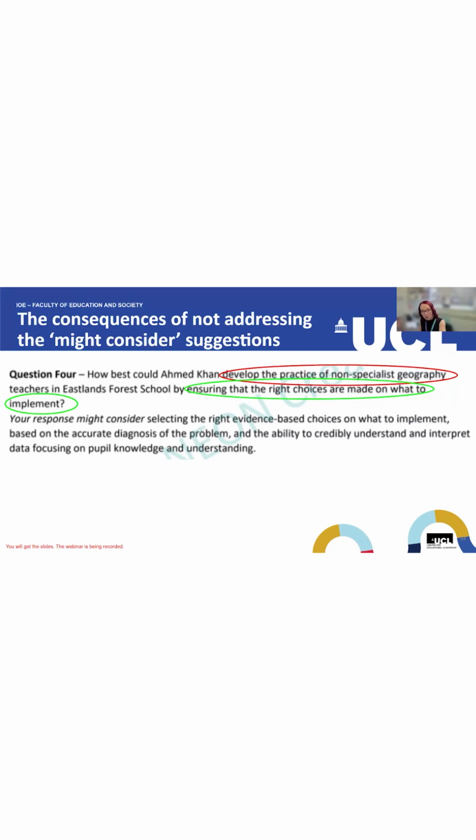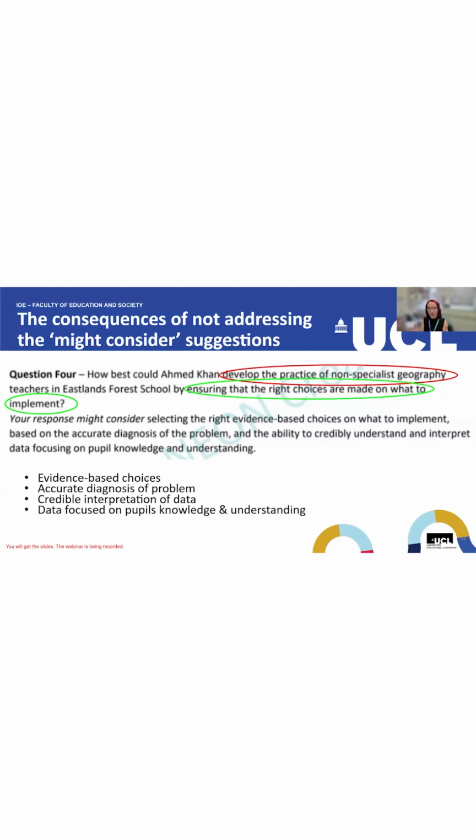And then the big clue was in the must statements at the end. And I've no doubt that people will still ignore them, even though they're now going to say your response must consider. So what it talks about is you have to make evidence-based choices based on accurate diagnosis of the problem with a credible interpretation of your data.